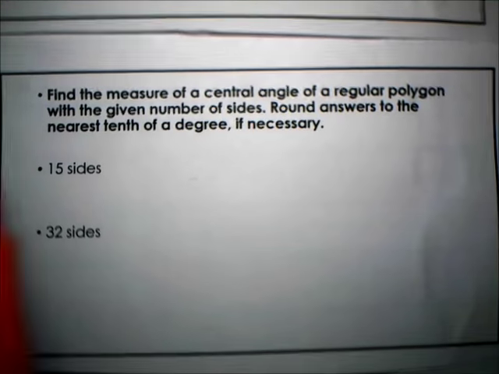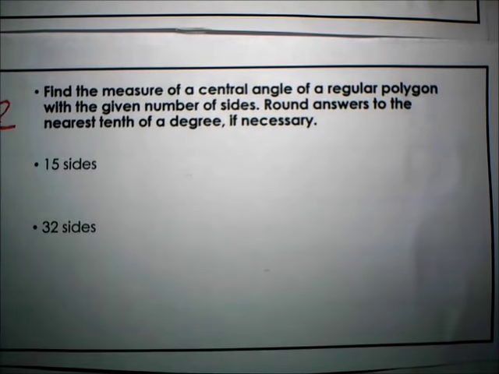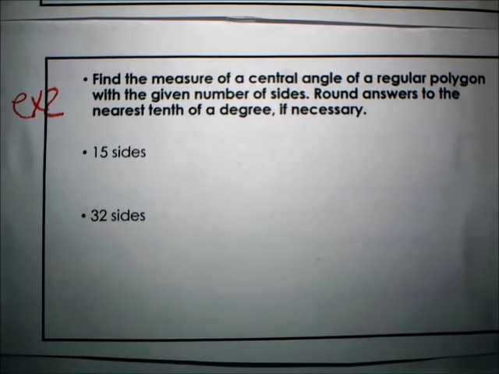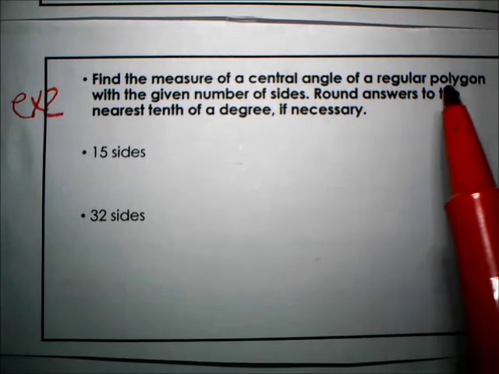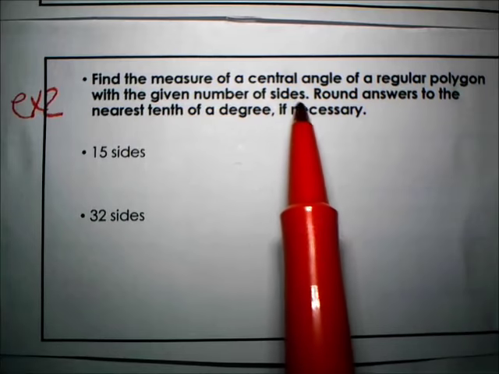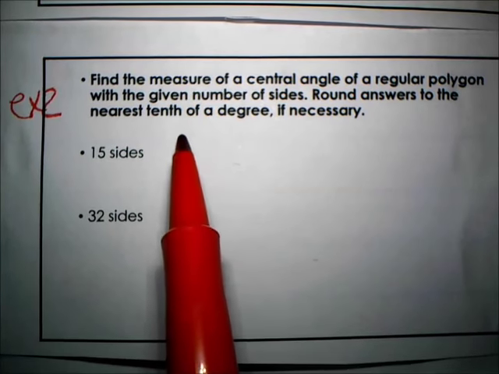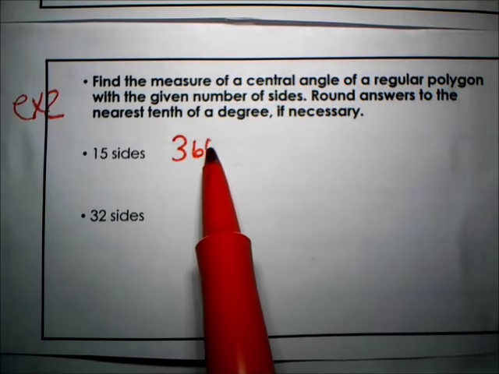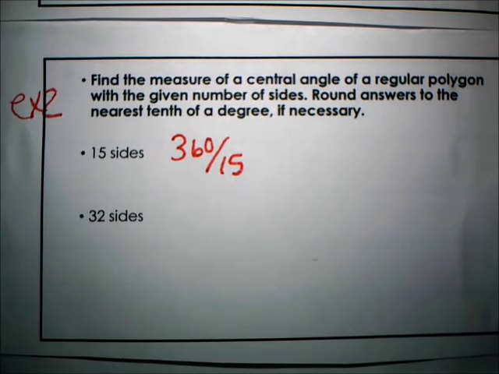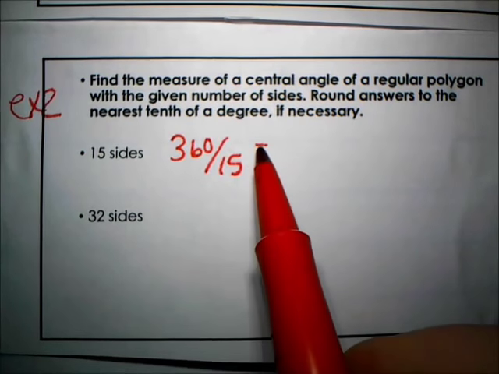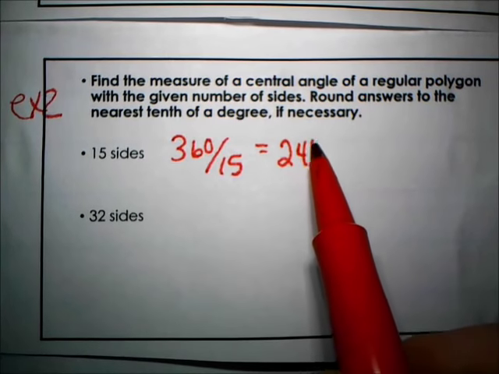If I look at example 2, the first one, it says find the measure of the central angle of the regular polygon given the number of sides, round to the nearest tenth degree if necessary. So I take the 15, so I do 360 divided by 15, and when I do that calculation I come out with the central angle being 24 degrees.